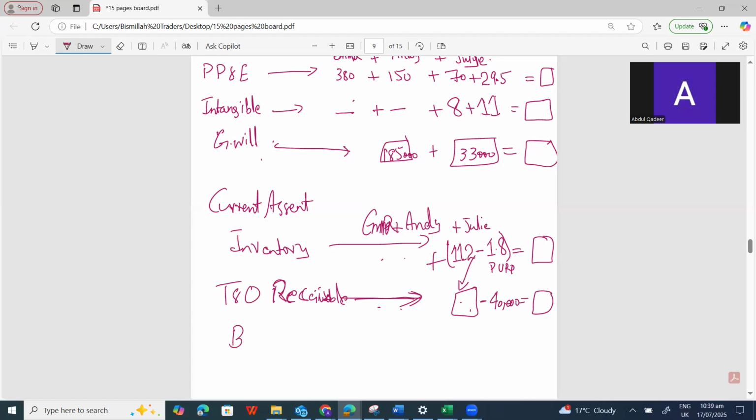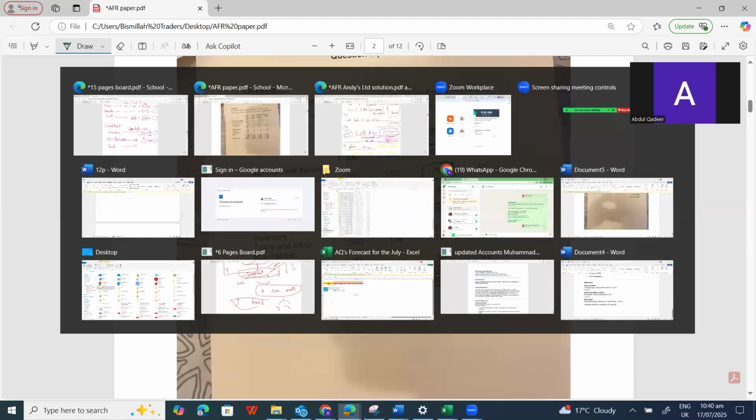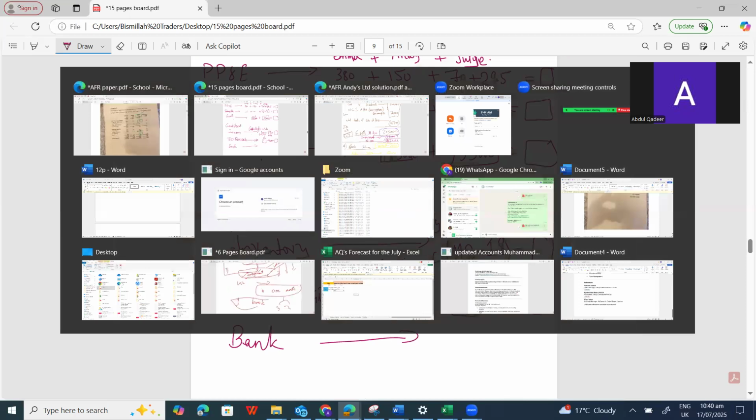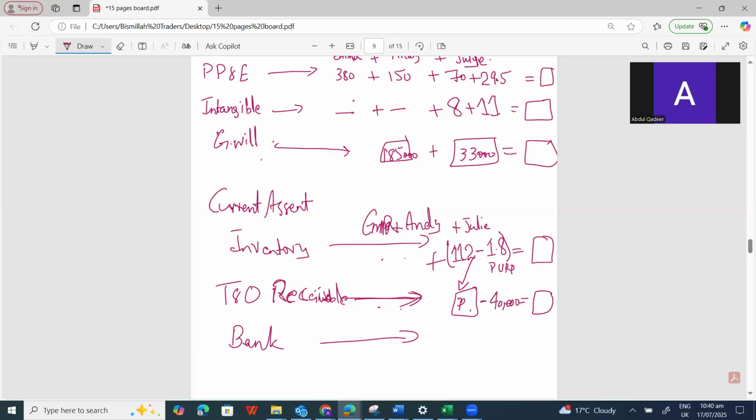Then bank will be the same, no adjustment needed, only pick up the values. We see the total trade and other receivables and bank value from ND Limited: trade and other receivables 78, and bank 33. 78,000 less 40,000.